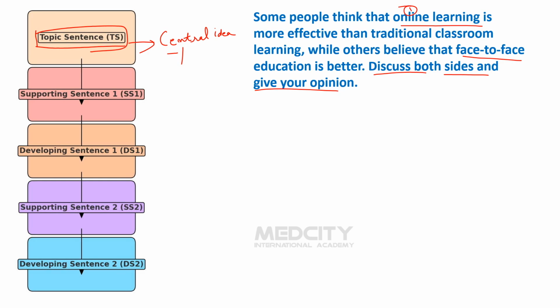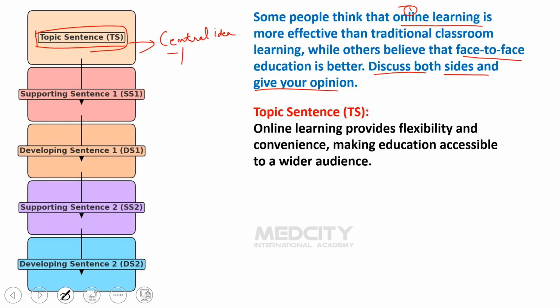So the central idea of the first paragraph should be written in such a way that you're giving a clue to the reader that in this paragraph you are providing the positive aspects of online learning, or ideas in support of online learning. Let's see the example.